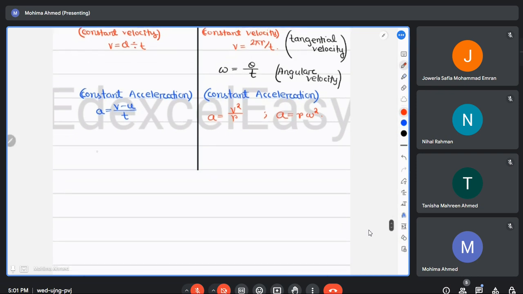And then lastly, for force, the equation was F equals ma in the linear kinematics section. And in the angular kinematics section, now we're going to have F equals m v square divided by r, and then F equals m r omega square, right?